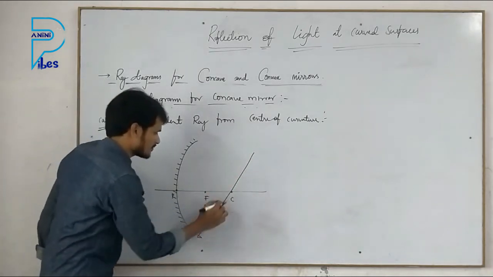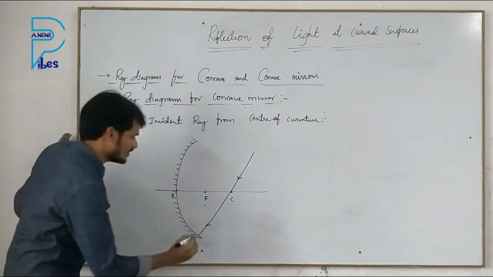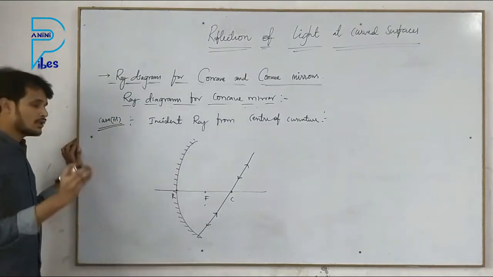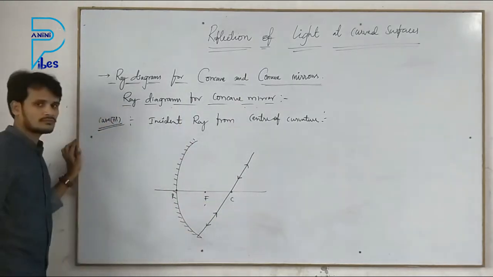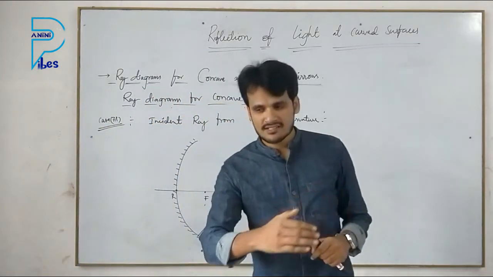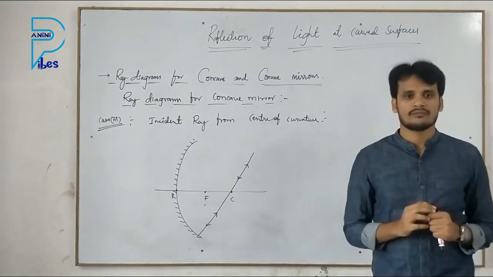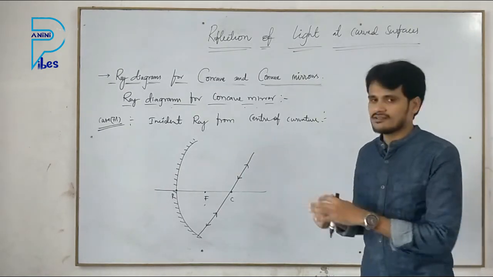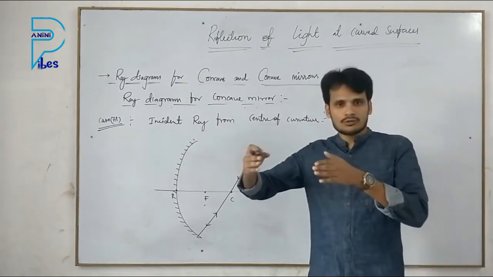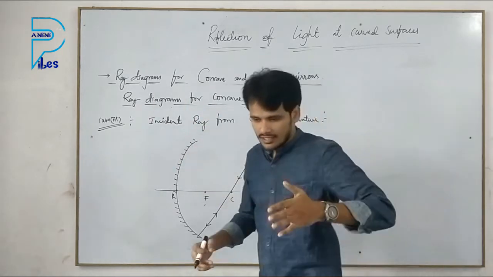Here the reflected ray also follows the same path. Reflection takes place back through the center of curvature, just as the incident ray comes from the center of curvature. In this case, we see only one ray. In the remaining cases, the reflected ray and the incident ray are different, and we can recognize them as two separate rays.